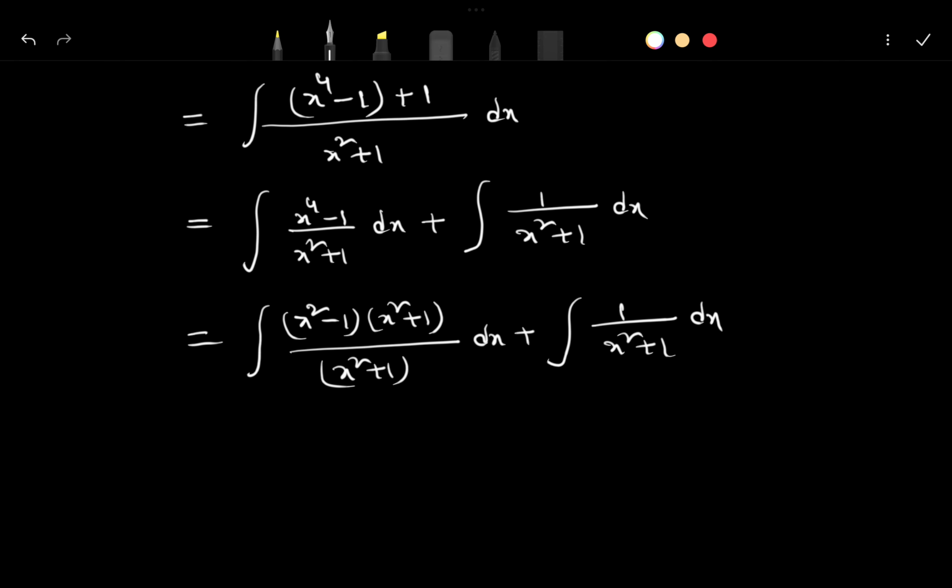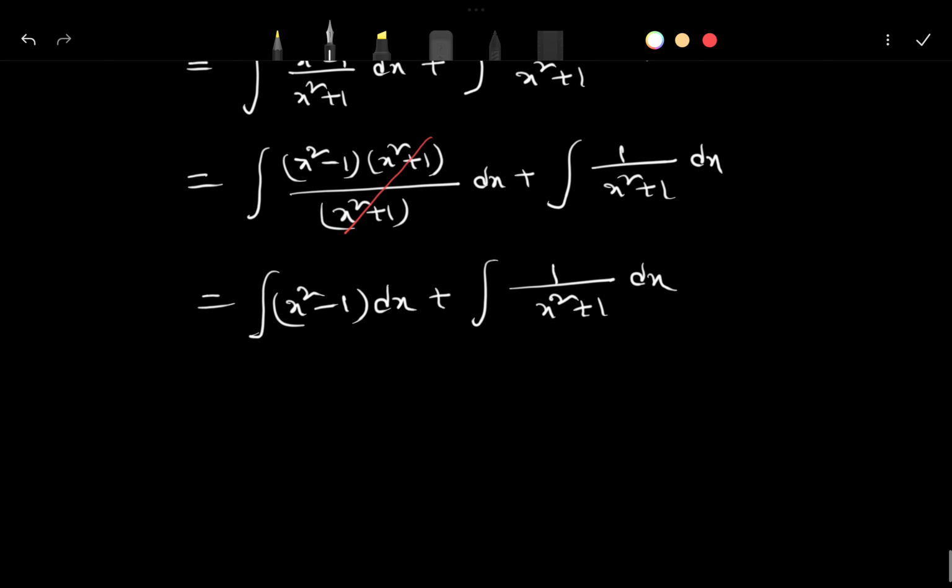Here very clearly the numerator and denominator in the first fraction are x square plus 1, so they cancel. Then after that we can write integration of x square minus 1 into dx plus integration of 1 by x square plus 1 into dx.